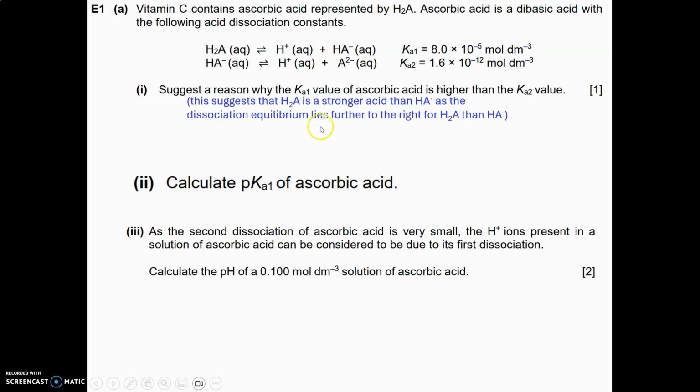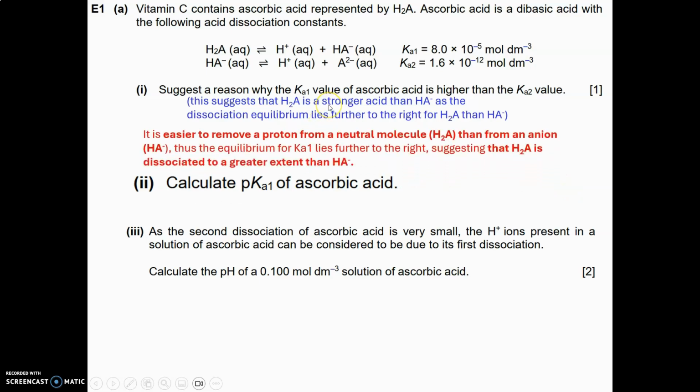So why is this the case? Because it is easier to remove a proton from a neutral molecule H2A than from HA-. This is because when you try to remove a proton from HA-, the negatively charged ion and the positively charged proton will attract each other.